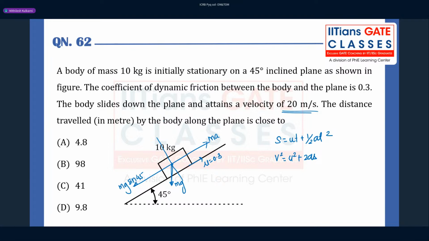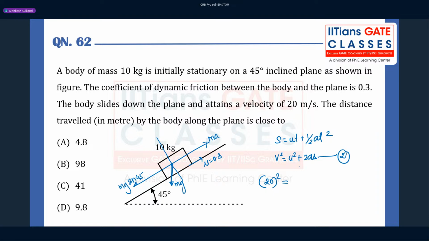Since they have given that the body attains a velocity of 20 meters per second, the better approach for solving this question is using the second equation, because we already know v square, that is 20 square. Initial velocity is also known to us. We cannot use the first equation because we don't have the time.